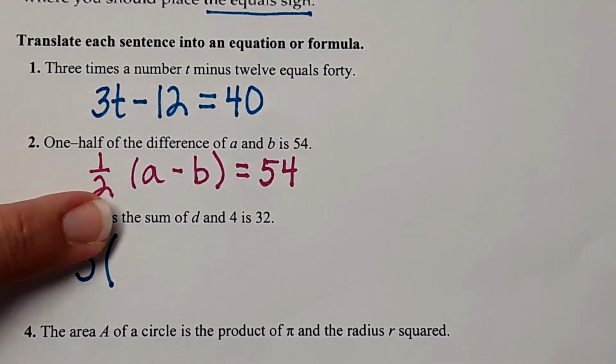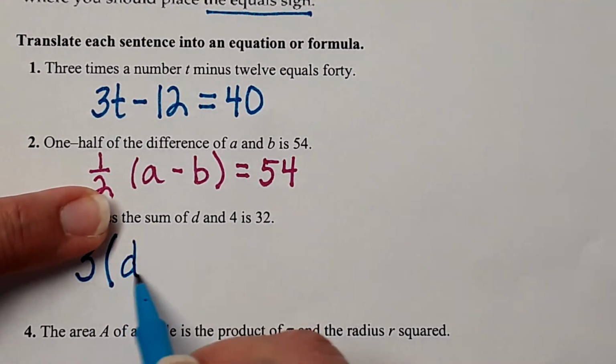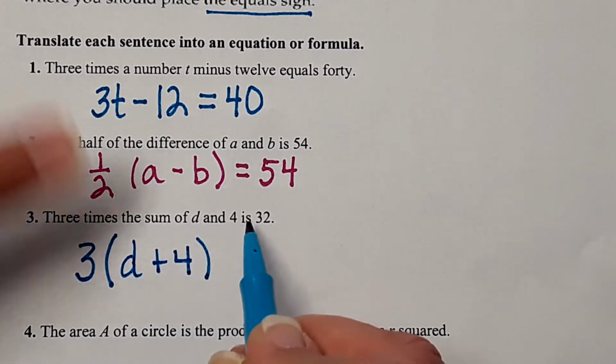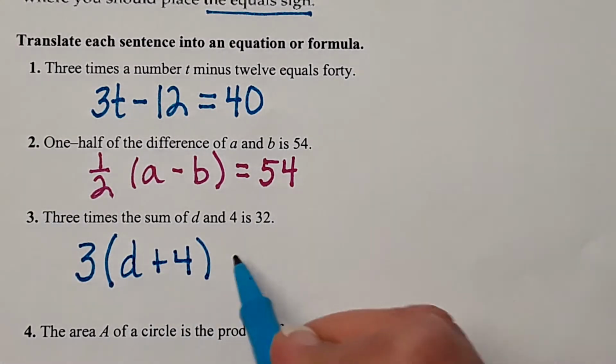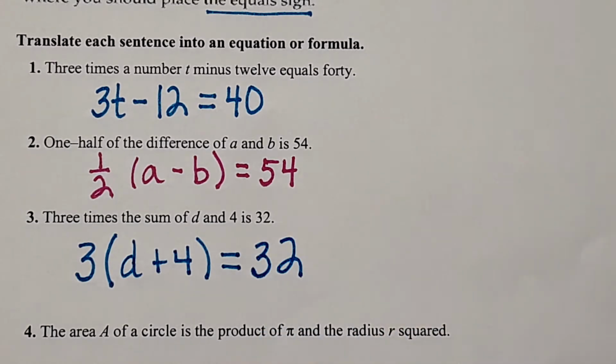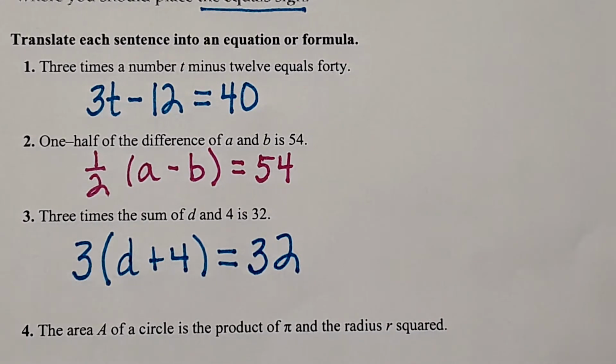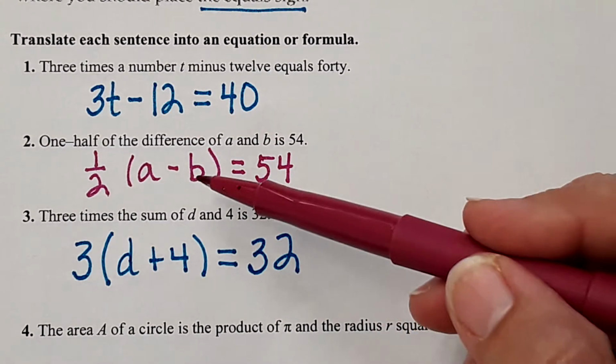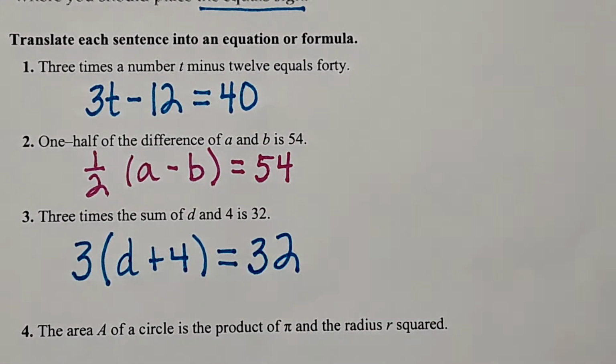So we act like the sum of D and 4 means what? 32. That's not bad so far, right? Are there any questions so far? Any questions about why I put parentheses or why I didn't put parentheses?